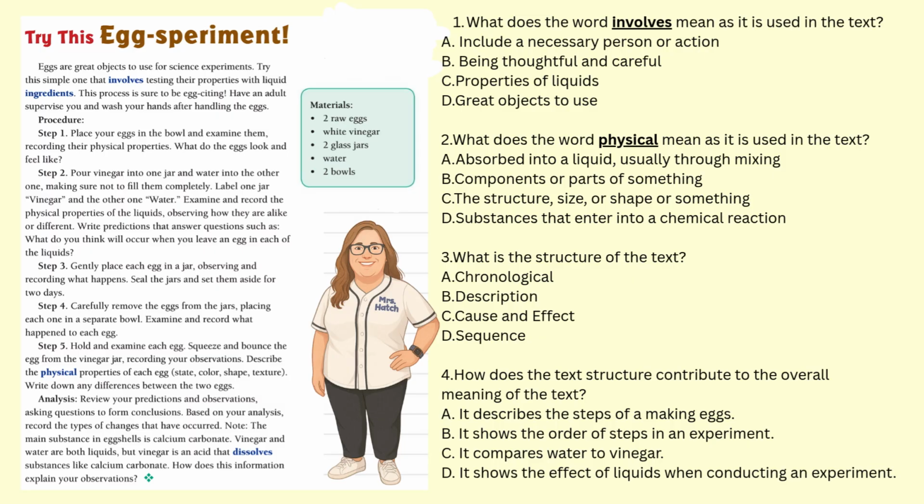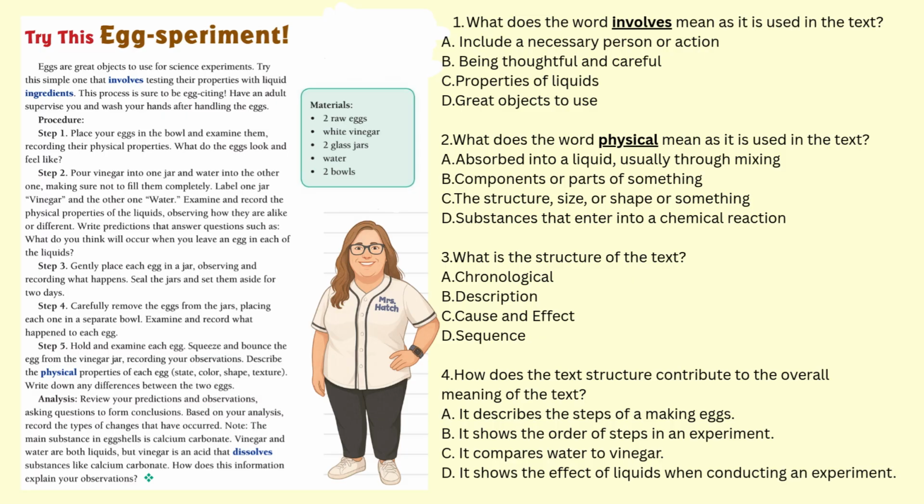Pour vinegar into one jar and water into the other one, making sure not to fill them completely. Label one jar vinegar and the other one water. Examine and record the physical properties of the liquids, observing how they are alike or different.